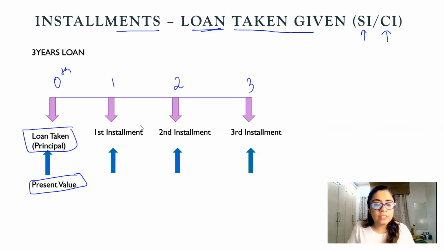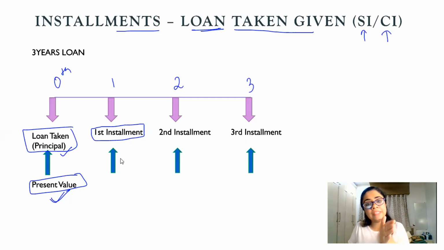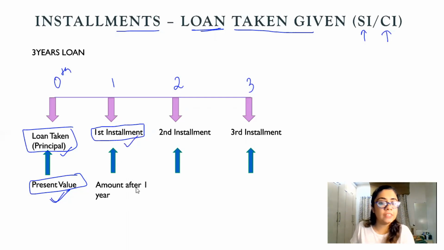So imagine this first installment to be the amount that your principal or present value becomes after the first year. Okay, this was the principal value. Whatever amount it becomes after the first year, amount meaning principal plus interest, that is your first installment. So this is the amount after 1 year.